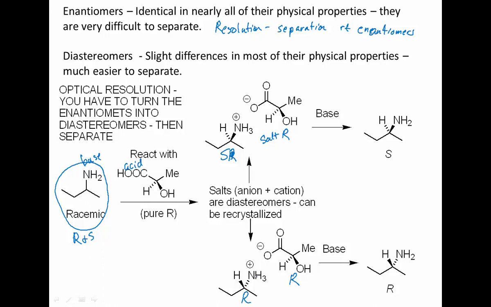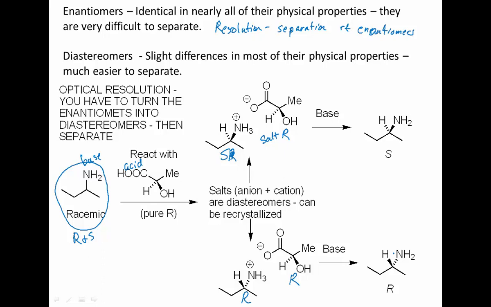Whereas this salt, after we treat it with base, is going to provide this amine as the pure R enantiomer. So this is one method of resolution. There are many methods, but almost all of them rely on the fact that you create something diastereomeric and then turn it back into the enantiomer later as the basis of the separation.